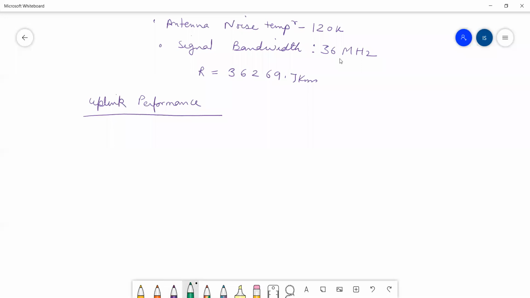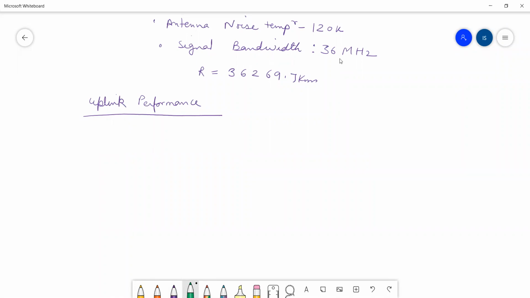Okay. So in the uplink performance, what do we have to calculate? First of all, we have to calculate EIRP. Then we have to calculate the losses. Okay. Free space loss, then rain attenuation, and then the G/T of the satellite.